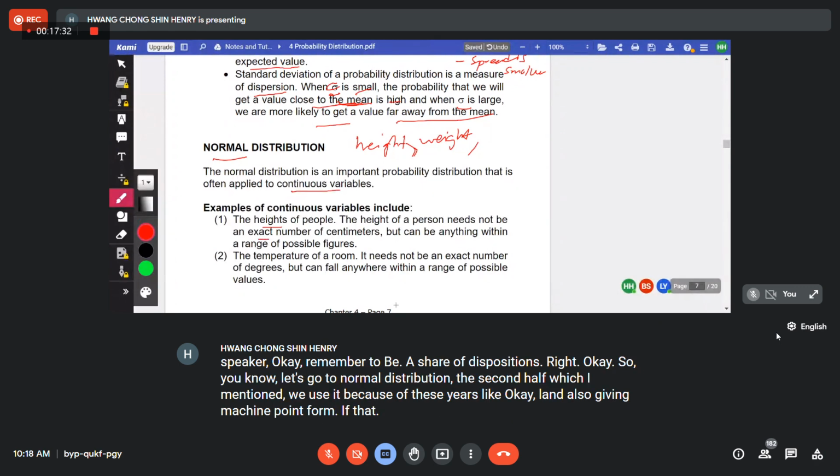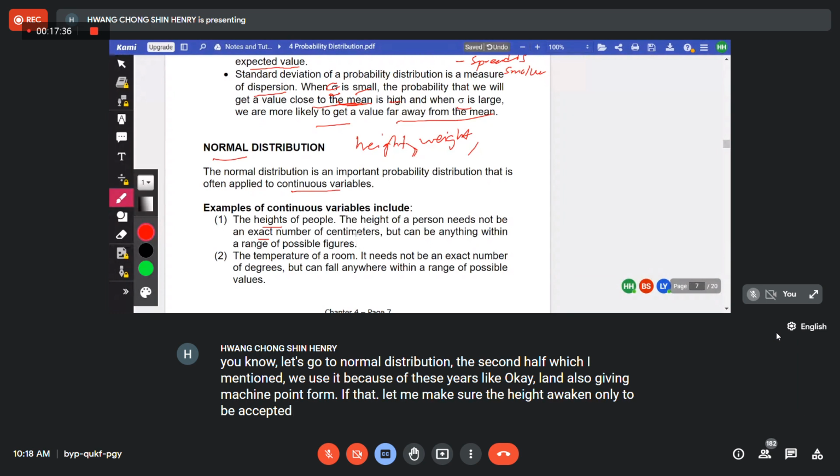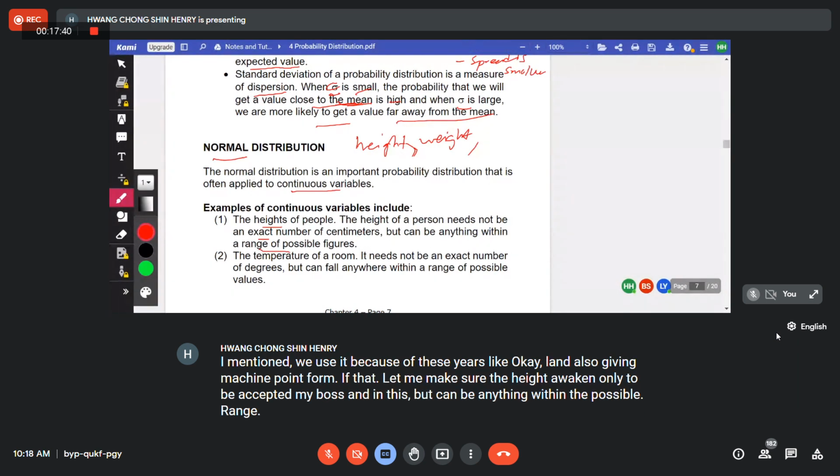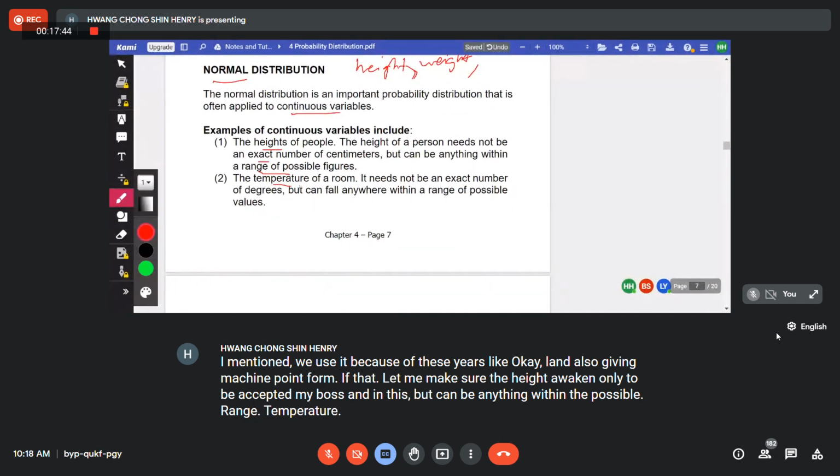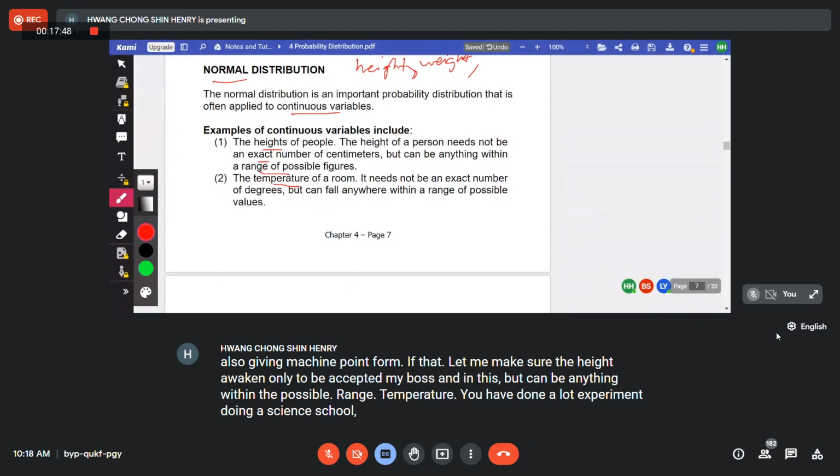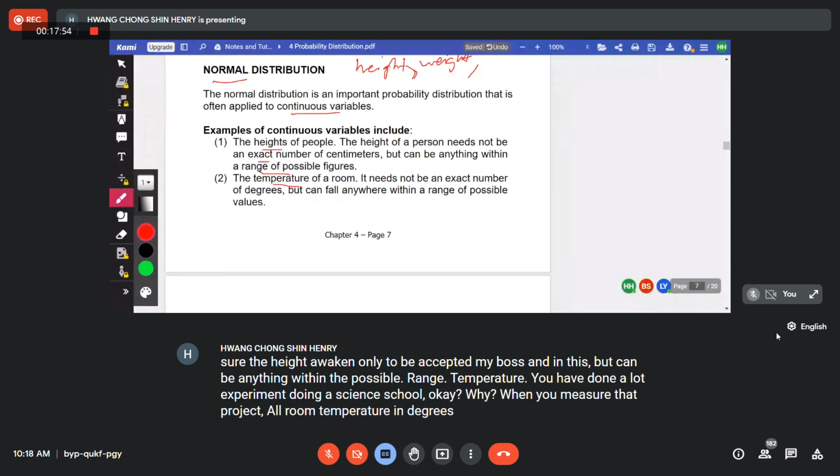When we measure height or weight, there is no need for an exact number of centimeters; it can be anything within the possible range. Temperature of a room, you have done a lot of experiments in science class. When you measure temperature, it's not necessarily a round number, right? Our room temperature is in degrees Celsius.